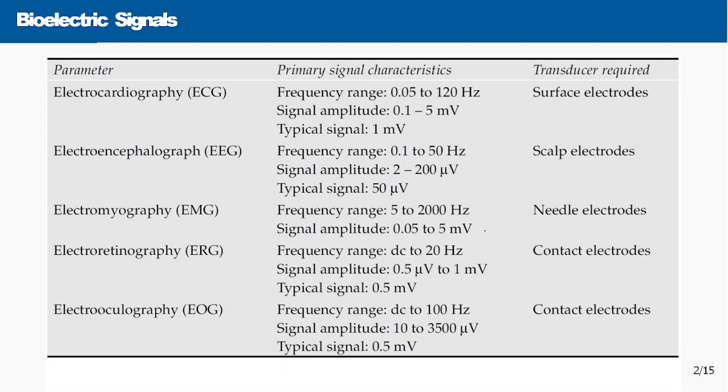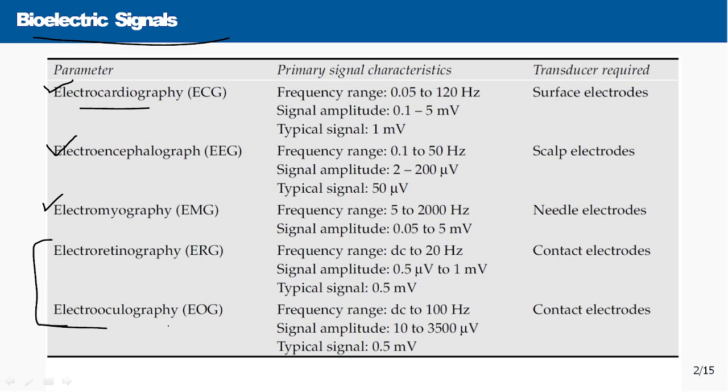Here I have given some examples for the different types of biopotentials, or bioelectric signals. We have the electrocardiogram and the electroencephalogram. The electrocardiogram is related to the heart, or the action potential generated at the heart. Similarly, the electroencephalogram records the action potentials of brain waves. Similarly, we have the electromyograph, for the action potential generated by muscles. Electroretinograph and electrooculograph are related to the eye.